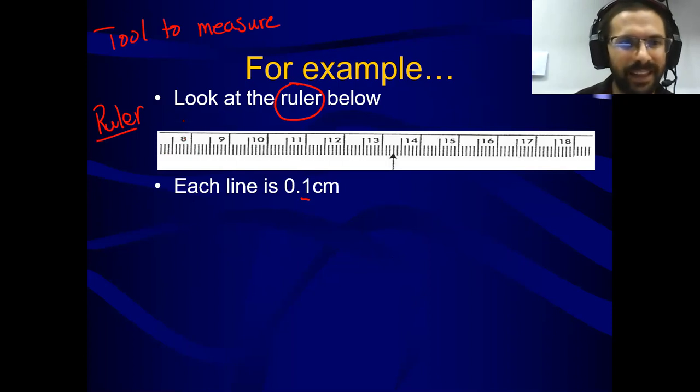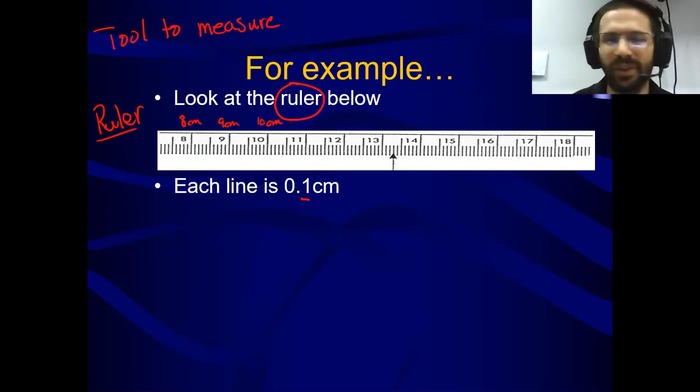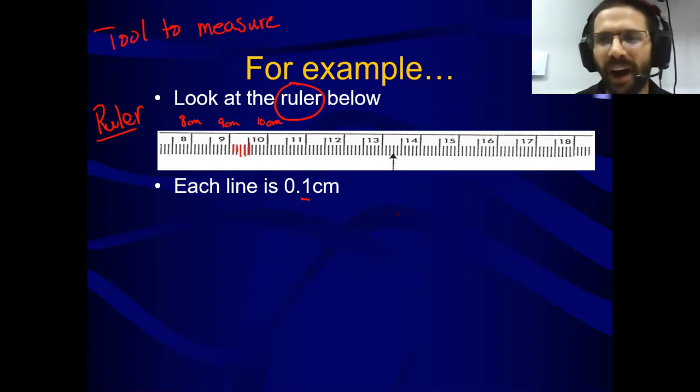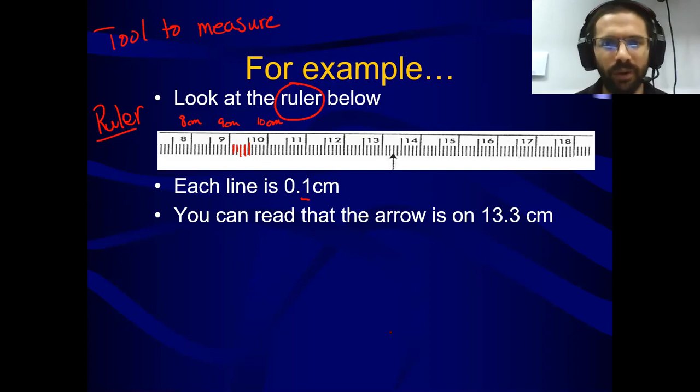This is 8 centimeters right here. Then we have 9 centimeters and 10 centimeters and so on and so forth. And this line here is 0.5. So 10 of those equals 1 centimeter. Beautiful.